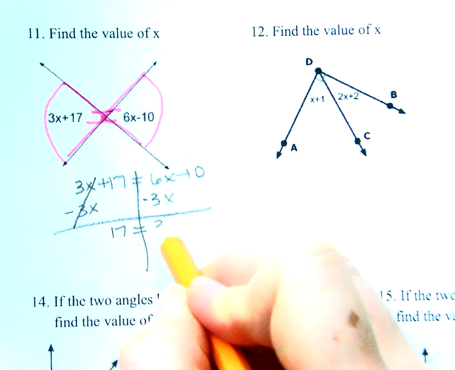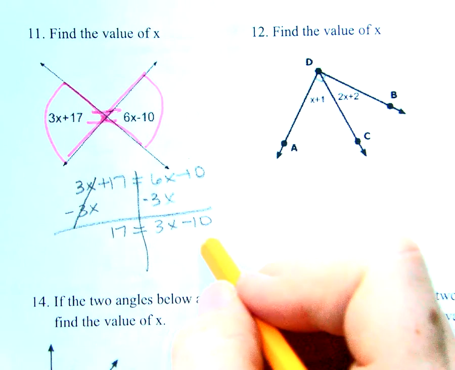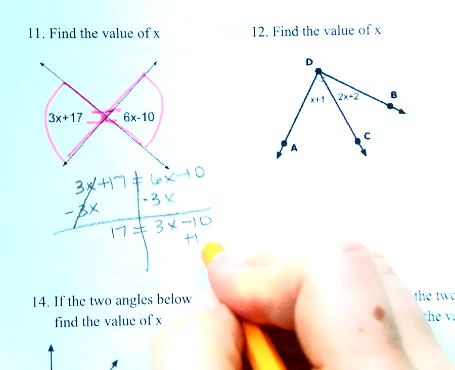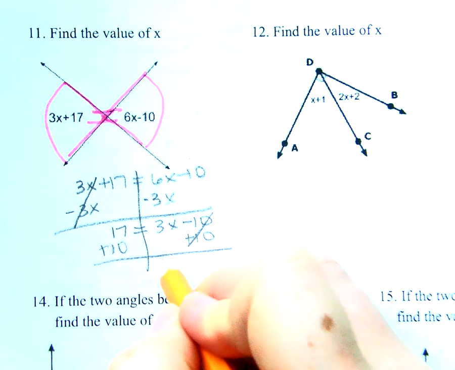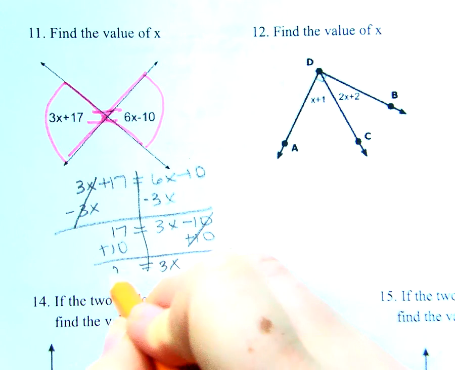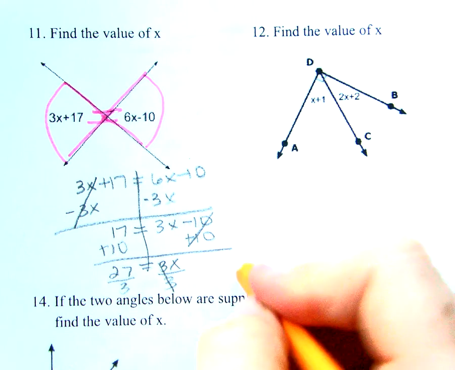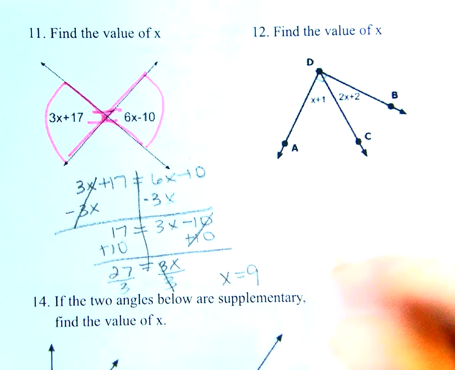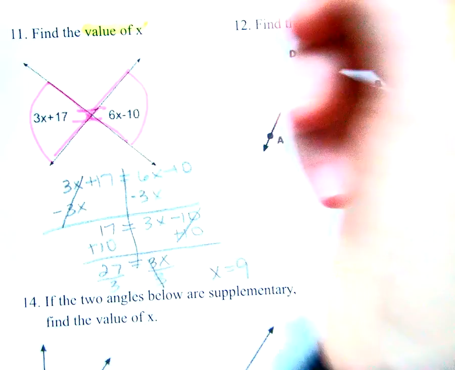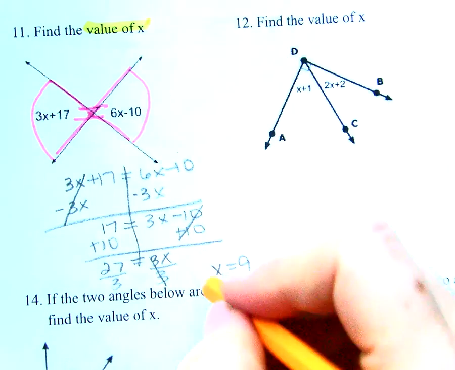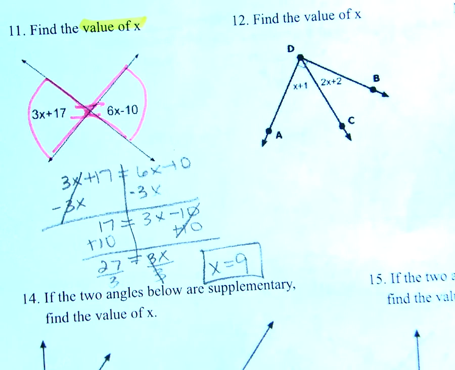And I always move that smaller x first, to keep from having negatives. Now I'm going to move my numbers together, and I want the numbers and the x to be on opposite sides, so I'm going to add 10. I'm going to get 3x is equal to 27, divide by 3 on both sides, and that's going to give me x is equal to 9. And then I go back, check what it's asking for. It's only asking for the value of x, so that tells me I can stop. I don't need a degree symbol, though, because it's not an actual angle.